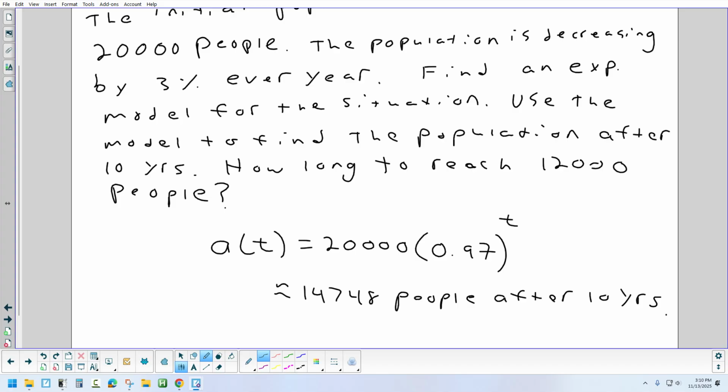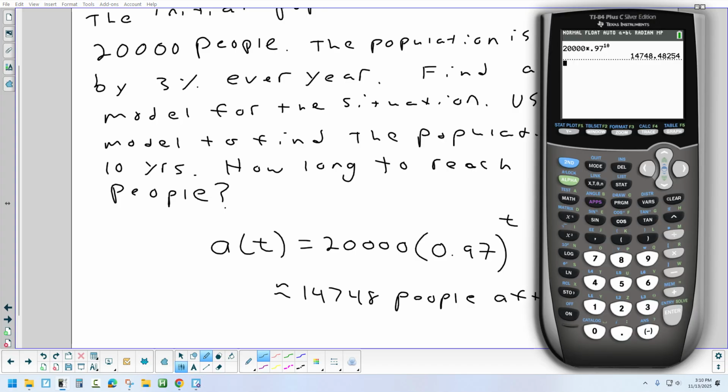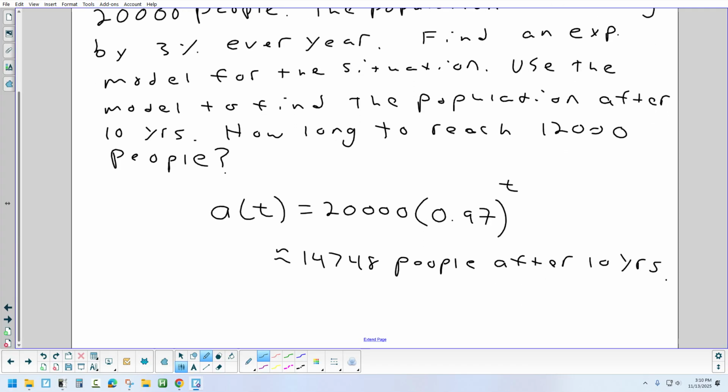So about 14,748. Okay, and now the last part, they want to know when we will reach 12,000. Well, it's definitely longer than 10 years because the population hasn't dropped enough yet to get to 12,000. Where is the 12,000 going to get plugged in? Alexis, what do you think?